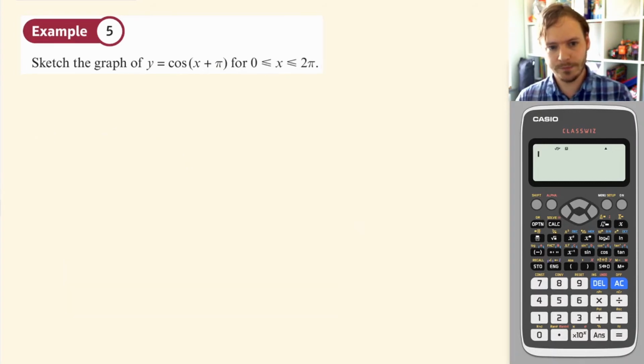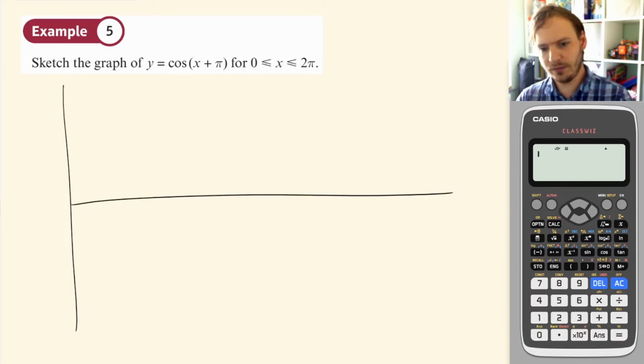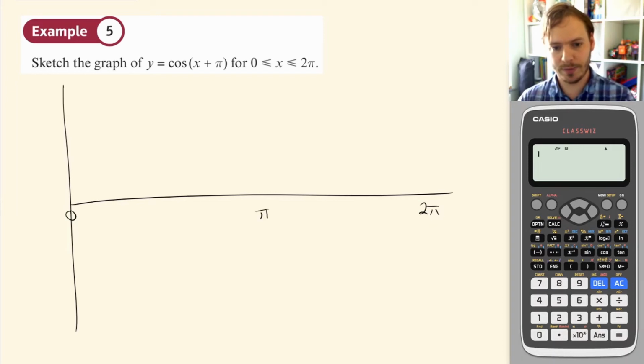Example 5, sketch the graph of y equals cos of x plus pi. So again, we're going to begin with 0 up to 2 pi, because that's the range of our graph. And we're also going to, again, care about pi, pi on 2, and 3 pi on 2.